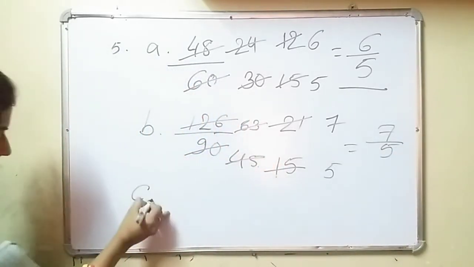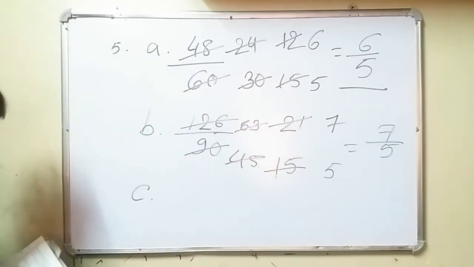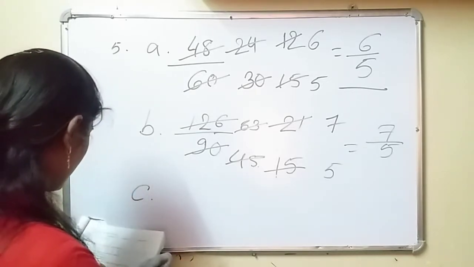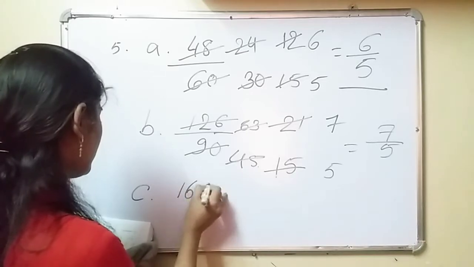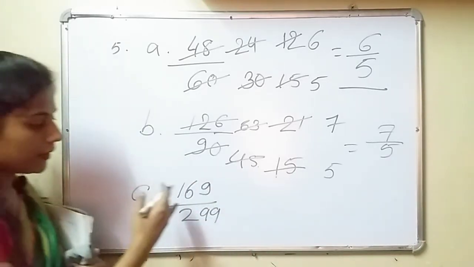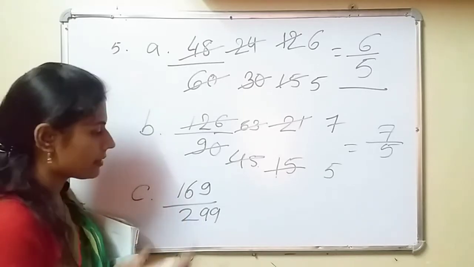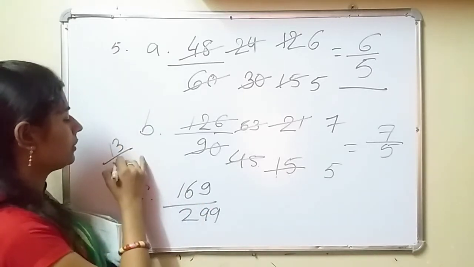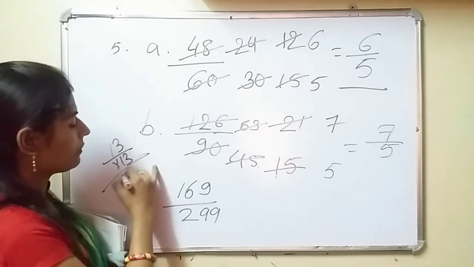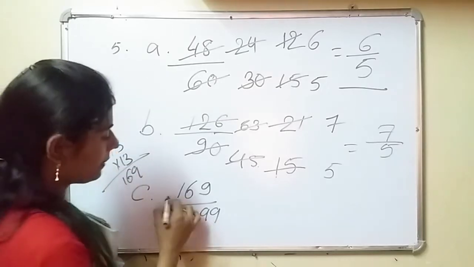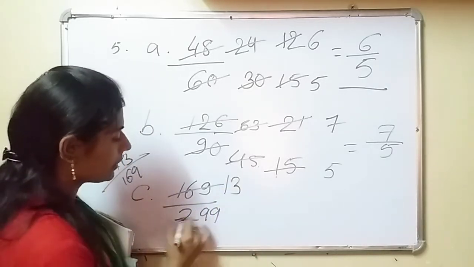Okay, now see, 169 divided by 299. You know that 169 is the square of 13, because when you multiply 13 by 13, you get 169. So directly divide by 13.